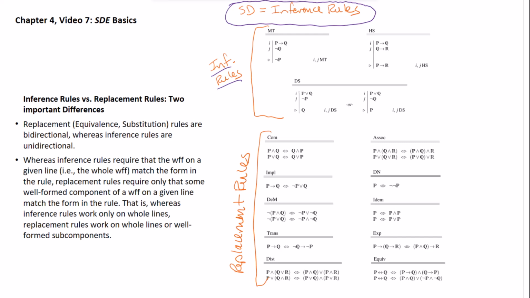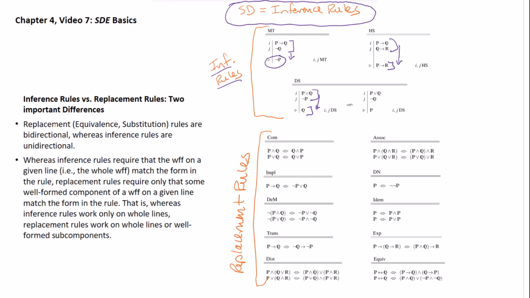You can tell they're inference rules because you are always required to have whole lines of a certain shape as input that then allow you to get a single line of output from the rule. So all of the original 11 rules look like this. They go from the top of the page down to a result.